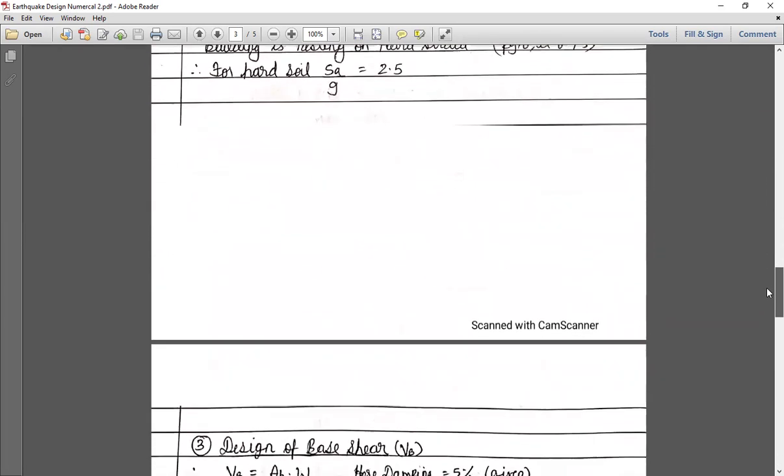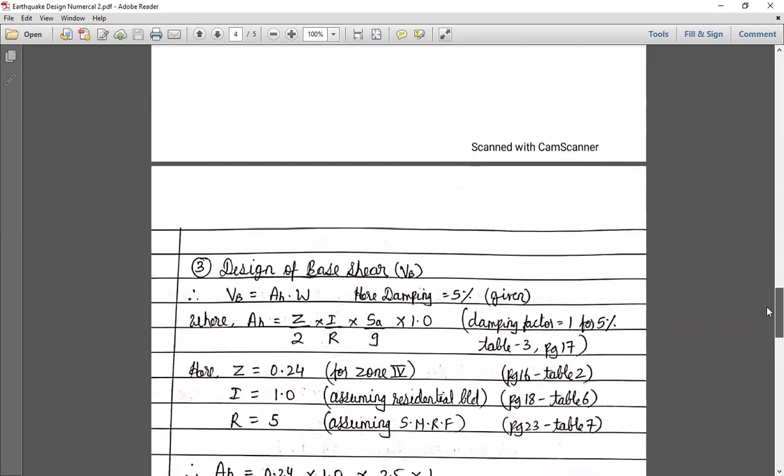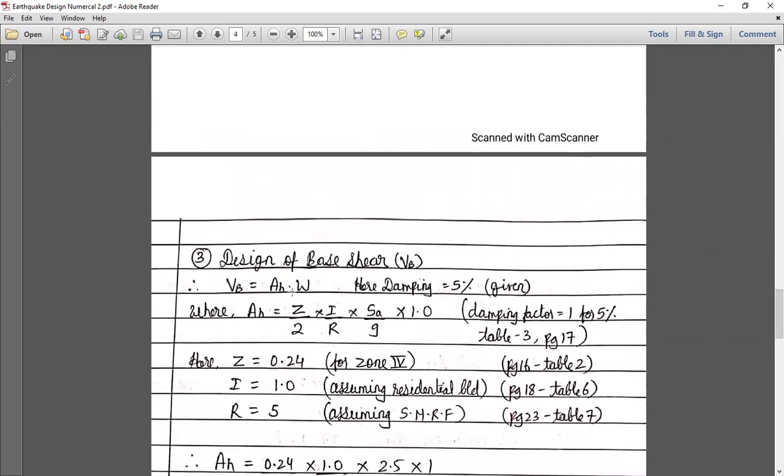Now let us move on to the next step to find out the base shear. So here base shear is given by Ah into W. W we have already calculated, Ah is remaining. And one more thing is given, the damping percentage is 5. So whenever the damping percentage is 5, the damping factor we have to consider, which is 1. This is given in table 3, page number 17.